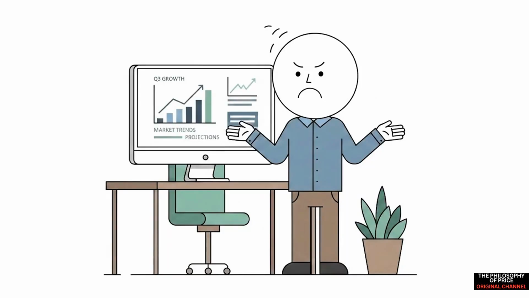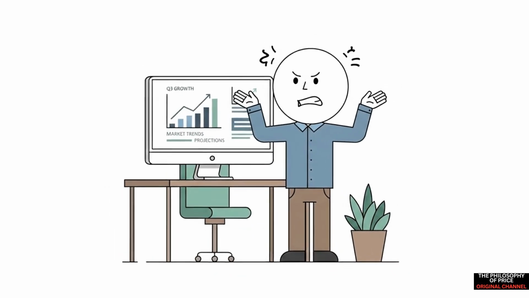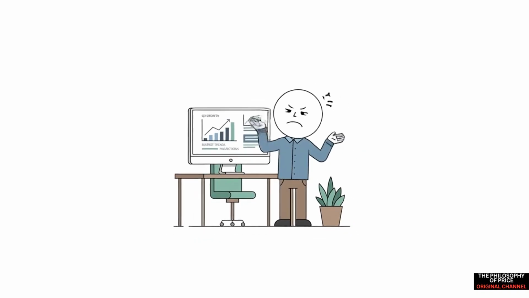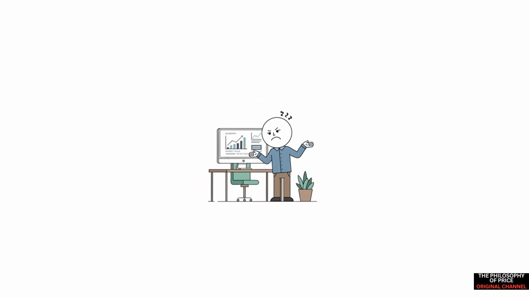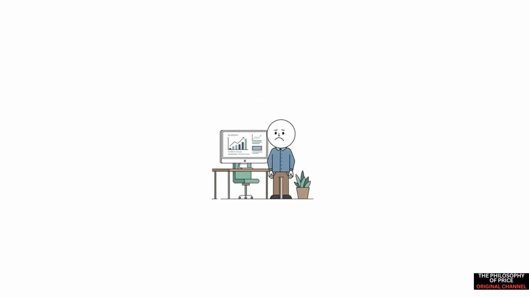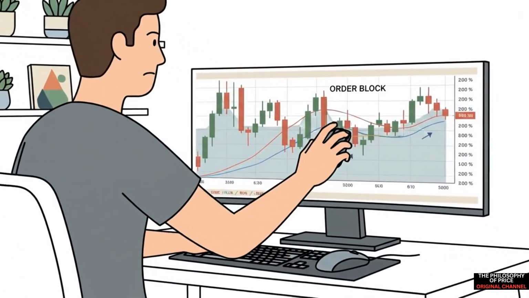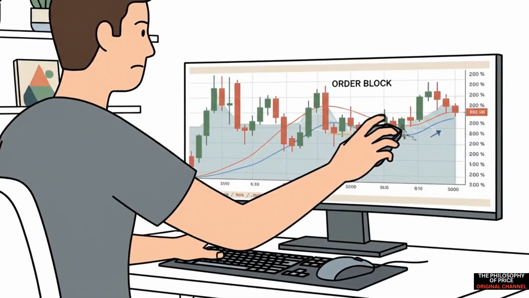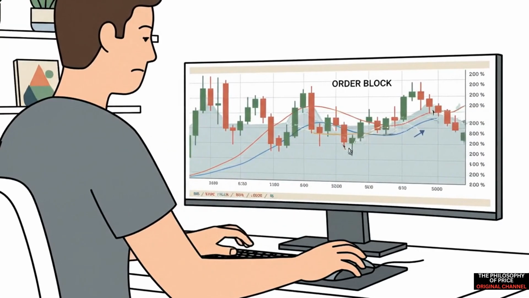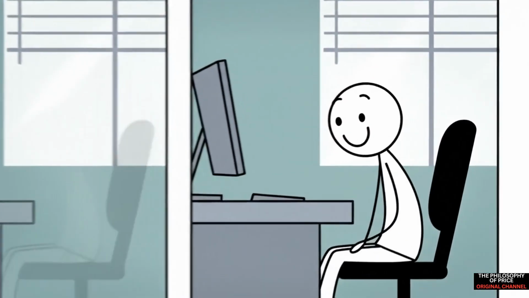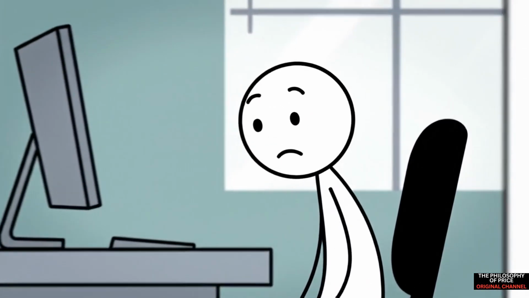This particular phenomenon is where the majority of conventional market explanations often prove to be utterly insufficient or fall apart completely. Perhaps you've encountered this scenario yourself. You meticulously identify and mark an order block on your chart. Price then retreats into your marked zone, prompting your trade entry.